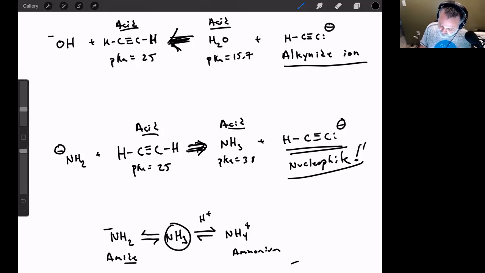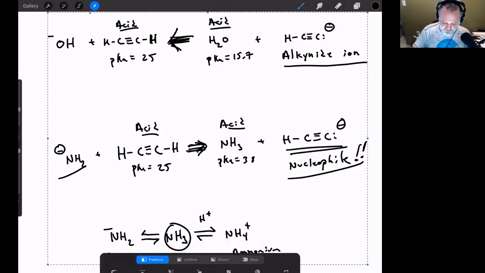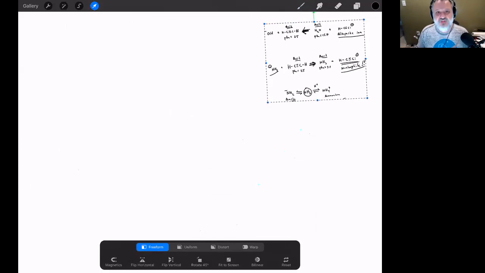This is a nucleophile, and it does nucleophilic chemistry. And so one of the things that we're going to talk about in a second is that you can take this alkynide ion and react it with substrates that have good leaving groups, and you can form carbon-carbon bonds. And so what I want to do is just take one brief moment and think about this from a synthetic point of view.